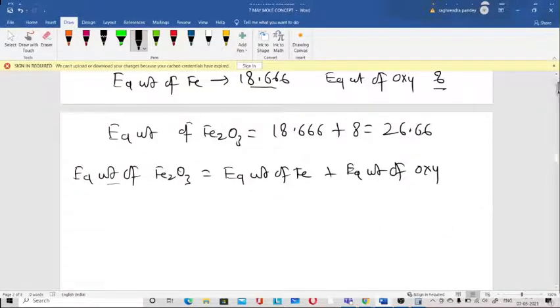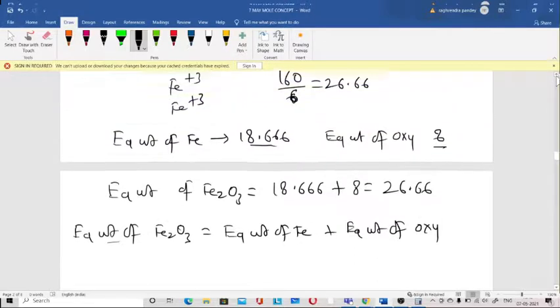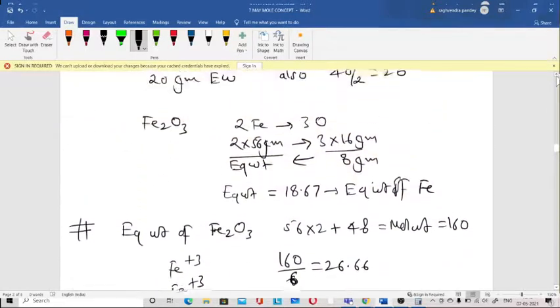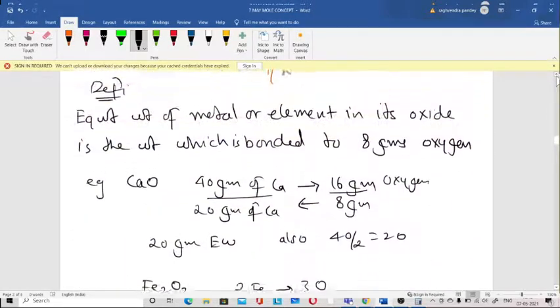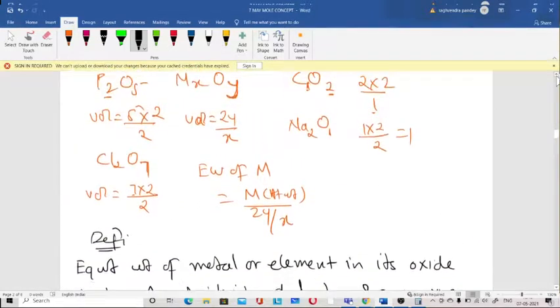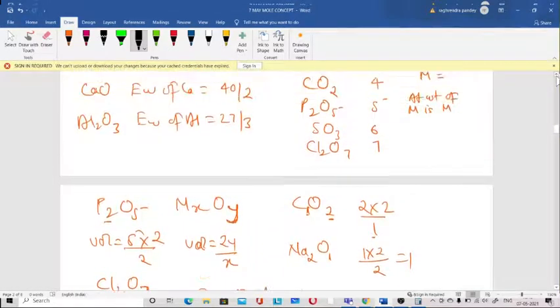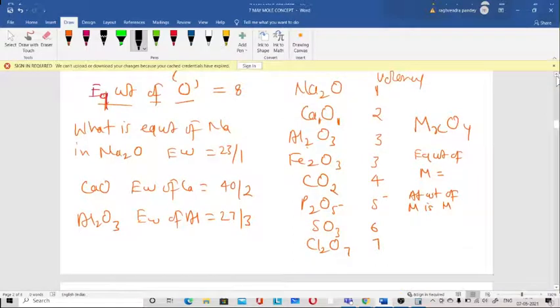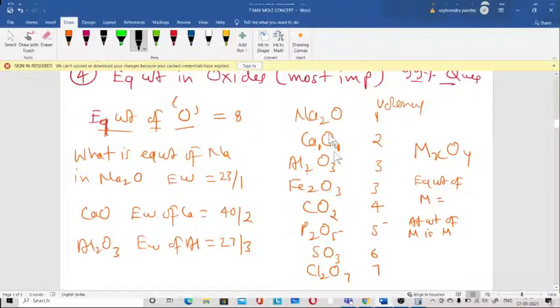Now, the first thing you have to understand is the concept of valency: what is valency, MxOy, how it is treated.